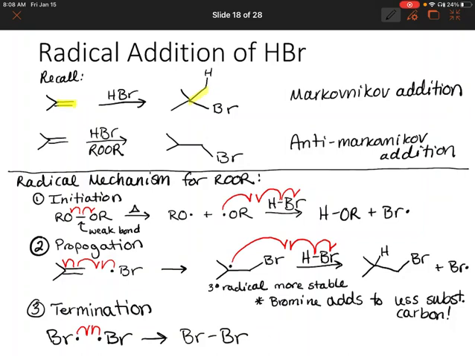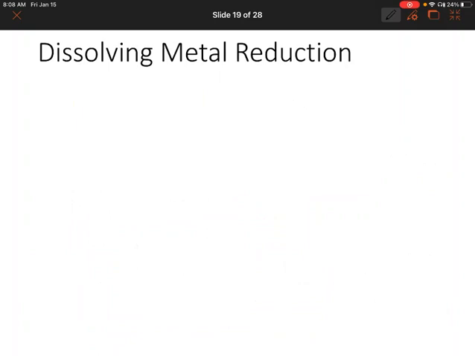Now let's also look at dissolving metal reduction. So we talked about this in our alkynes chapter. Recall that if you have an alkyne and you add sodium and ammonia, well, liquid ammonia, you end up forming the trans alkene.